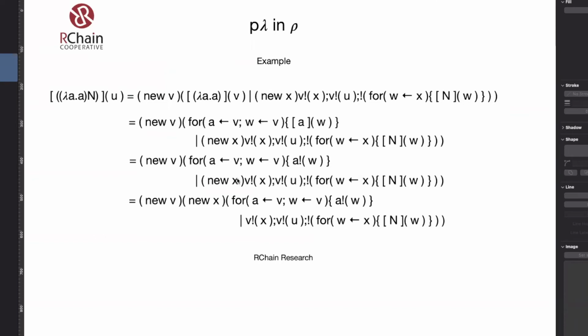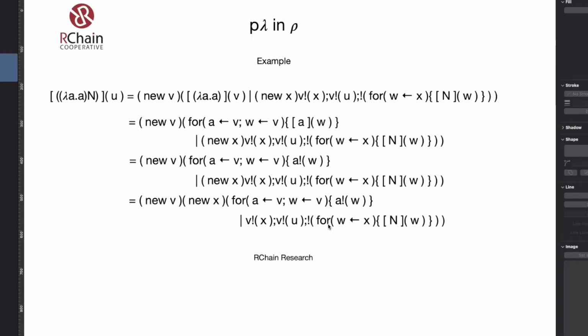Using the extrusion relation, I just visually inspect: is there any x mentioned here? No x is mentioned. Awesome. I can pull the x out to the top, right? So now I've got new v, new x, and then this is in parallel with this.